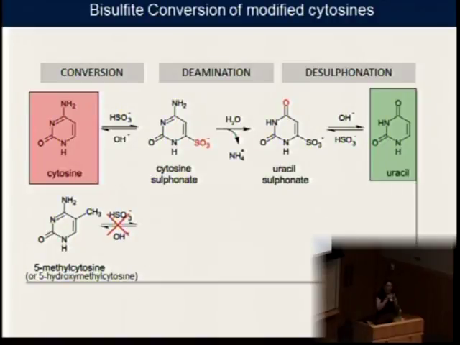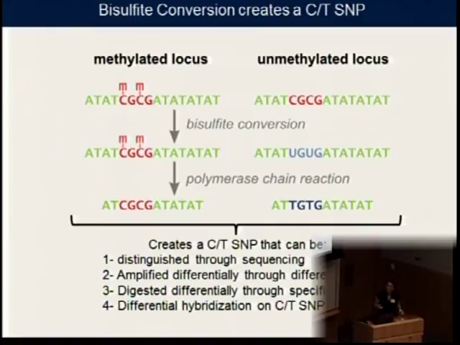So by taking genomic DNA and exposing it to sodium bisulfite, we will have this differential behavior of the methylated and the unmethylated cytosines. If we represent it here, you have your methylated DNA, you expose it to bisulfite conversion, nothing happens, you go through a PCR reaction, and your Cs that were initially Cs are still Cs.